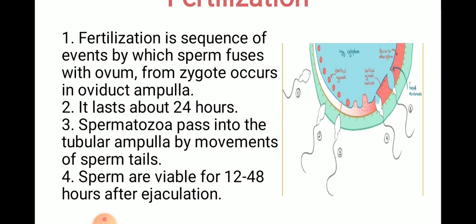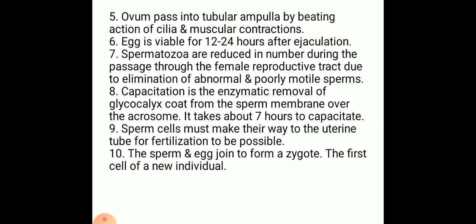So these are the number of sperms. Okay, the next one is that the ovum passes into the tubular ampulla by the beating action of the cilia and muscular contraction. It is from the ovary only that the ovum is released, and from the ovary it has to come to the tubular ampulla, that is the fallopian tube or oviduct.